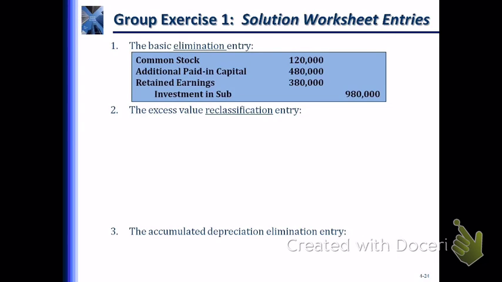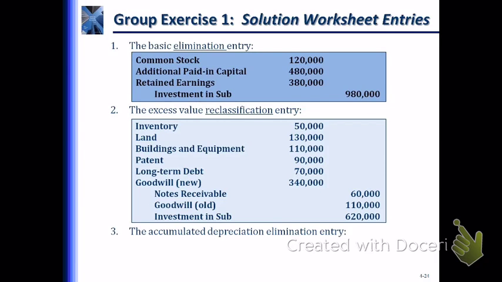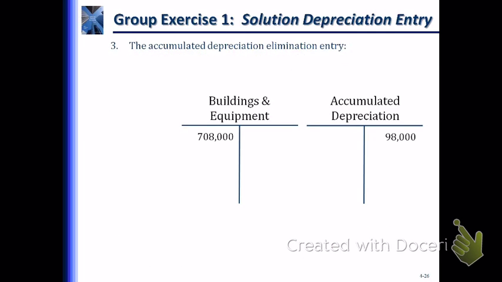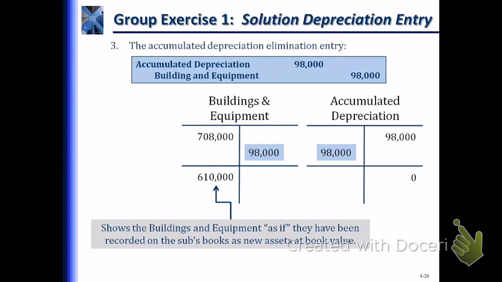So this looks like we went back to another exercise they gave us earlier. So we have a basic elimination, an excess value elimination. It looks like the same numbers we just worked with, and accumulated depreciation. The whole idea with the accumulated depreciation is we're taking that off because you wouldn't have any accumulated depreciation associated with a new asset.